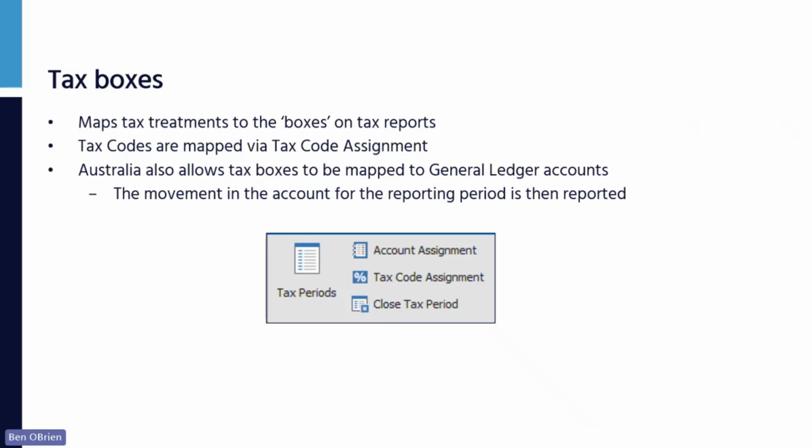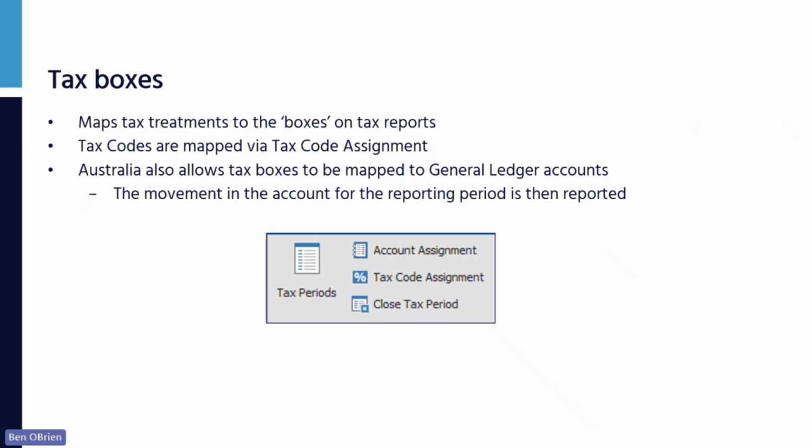The tax boxes are the next piece of the puzzle. Essentially the tax boxes can be thought of as fields on your tax report. And that's just the mapping under the tax manager area of the general ledger, the tax code assignment. That allows you to configure whereabouts you want tax codes to report. And again, for most people, you don't have to worry about touching that.